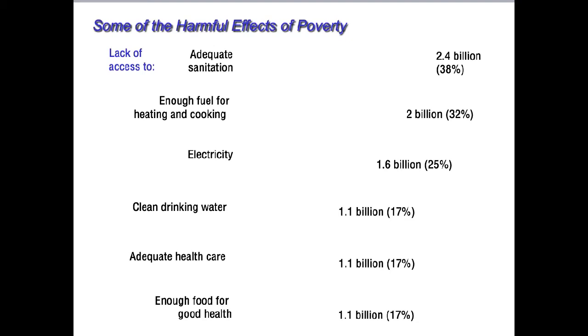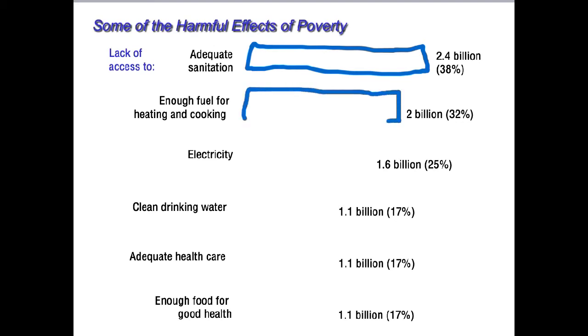Now here we're looking at some harmful effects of poverty, and it's not shown, but I'll draw it in. Lack of access to these different categories here. The first one, adequate sanitation: 2.4 billion people do not have adequate sanitation. Enough fuel for cooking, 2 billion people lacking in that.